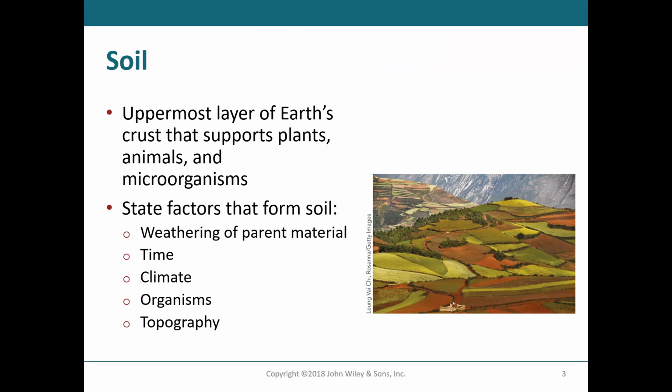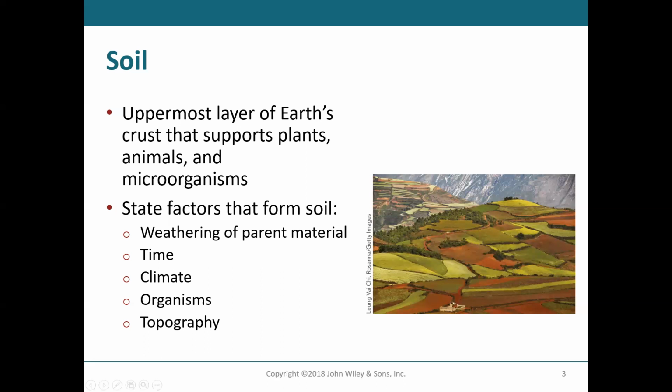It's easy to take it for granted, right? We don't really think about how soil virtually supports all terrestrial food webs, and it is an evolving system with several organisms and physical properties that interact.